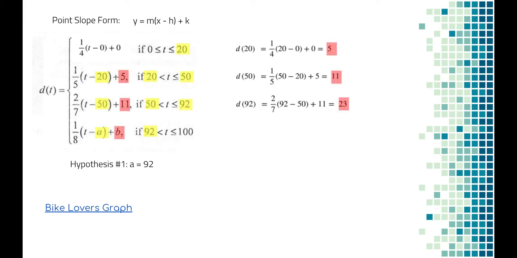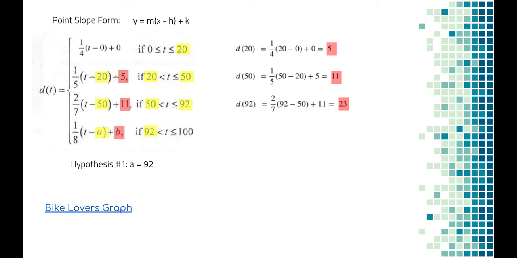One of the things that students may notice is that d of 20 is 5, which happens to be the k value in the second segment. d of 50 is 11, which happens to be the k value in the third segment. And d of 92 is 23.